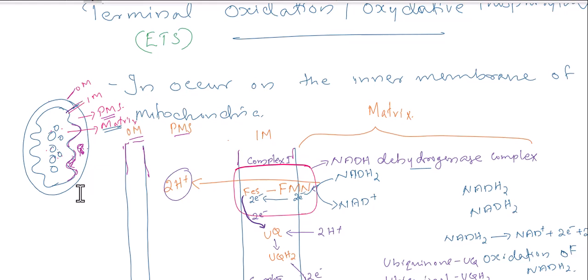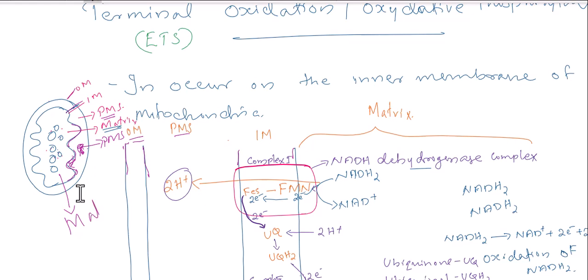Between them there is a space, which we can term the perimitochondrial space, PMS, or intermembrane space. At the center there is the matrix of the mitochondria, the central fluid filled cavity.